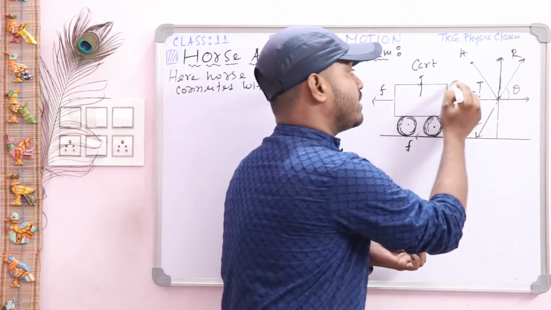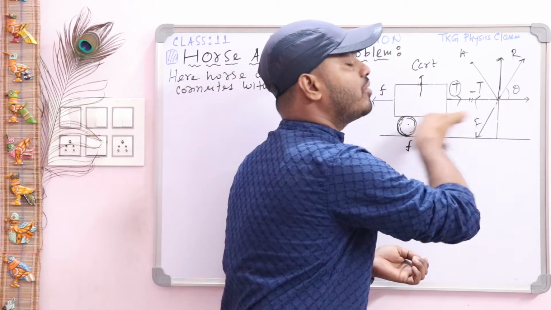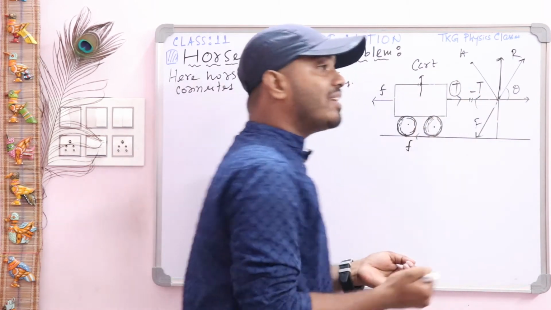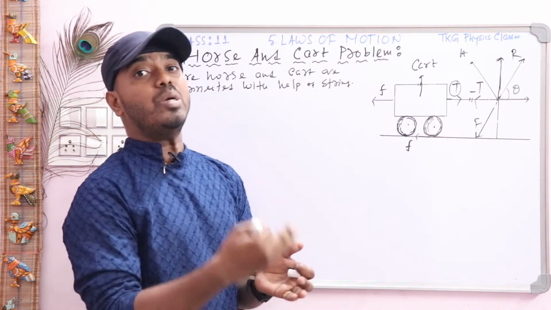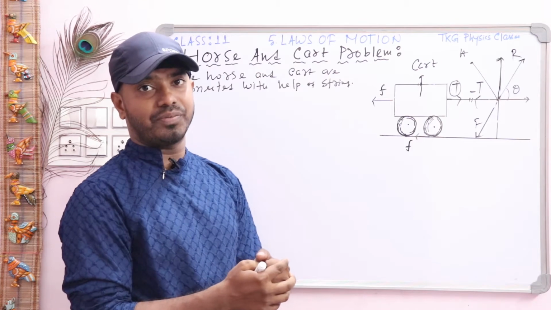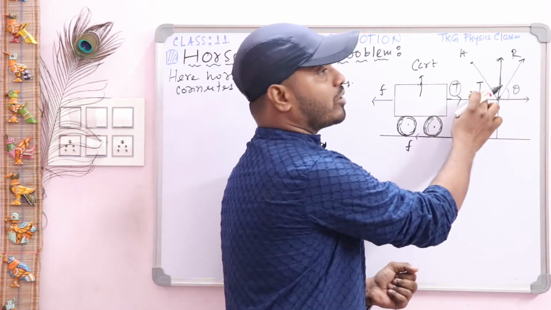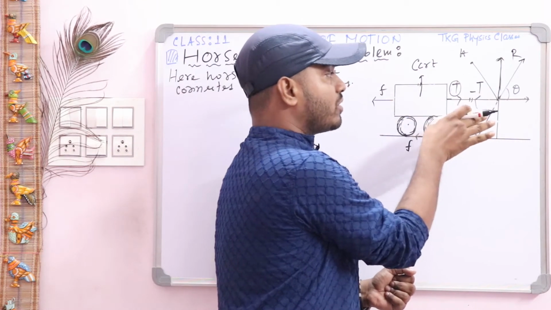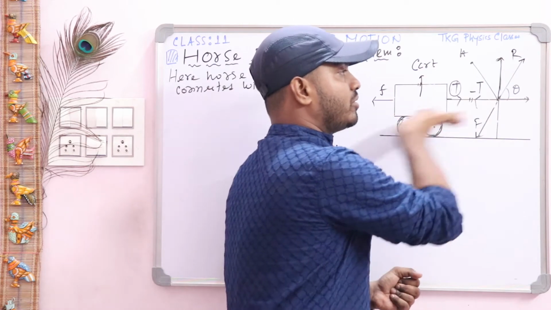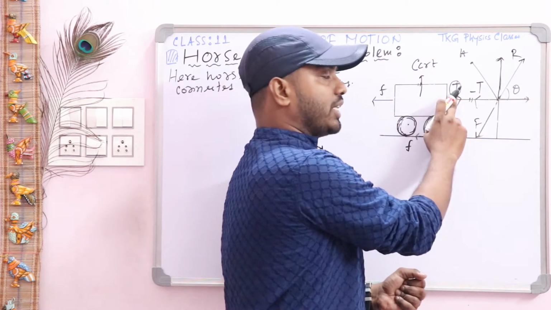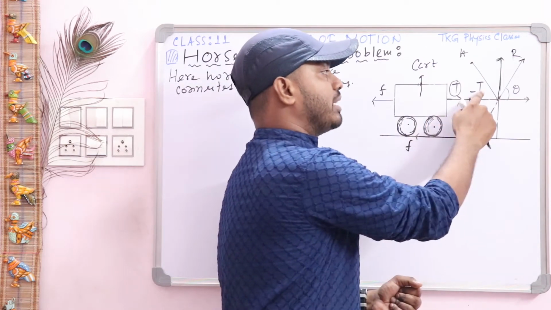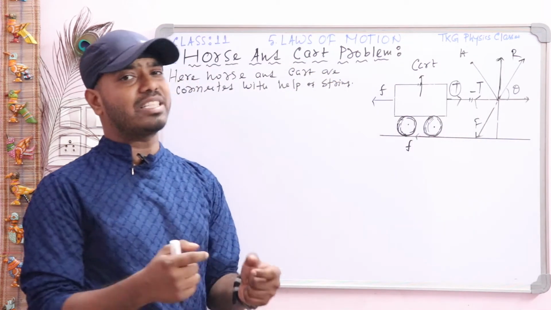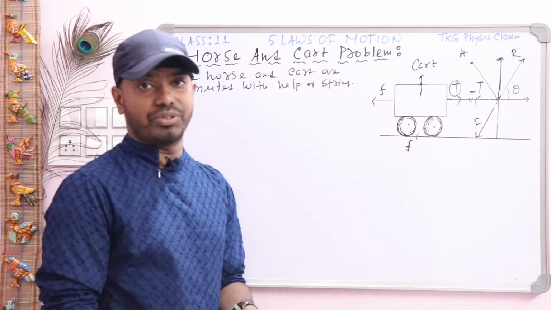Similarly, the cart also applies an equal and opposite amount of force, which is minus T. So the horse applies a force T in the forward direction, and the cart also applies an equal and opposite force, negative T, meaning the direction is opposite.